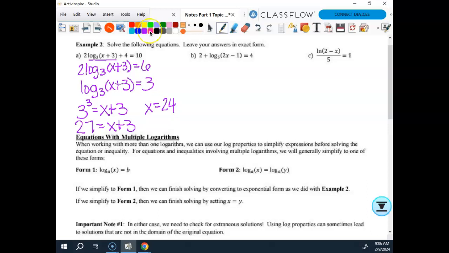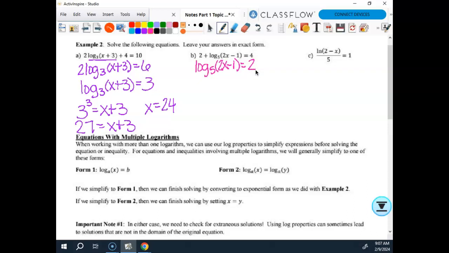All right. So let's look at the next one. What do I need to move first? The 2. So this will leave me with log base 5 of 2x minus 1 equals 2.